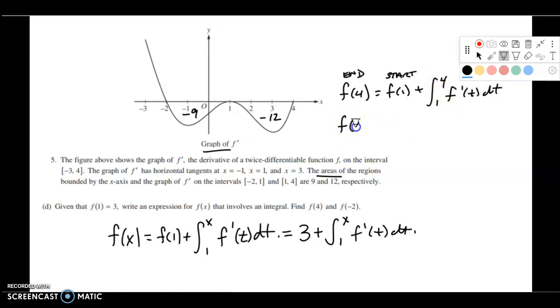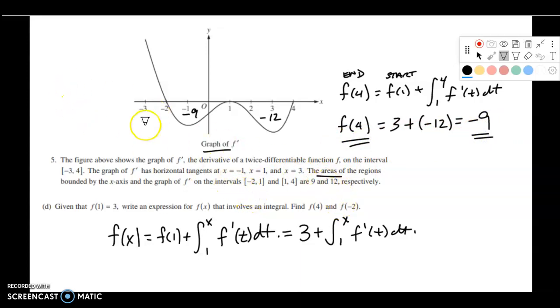Okay, so then f of 4 will just be, well, let's see, f of 1 is 3 plus the integral from 1 to 4 of f prime t, that's the area that's underneath this curve. Well, the area under the curve is -12 from 1 to 4, which gives me -9. So f of 4 must be -9.